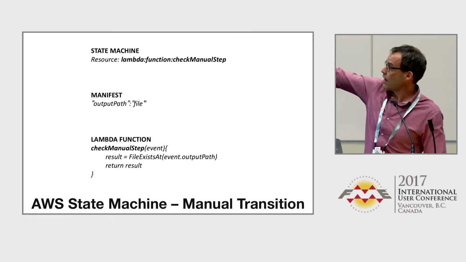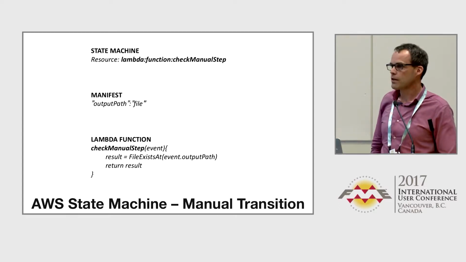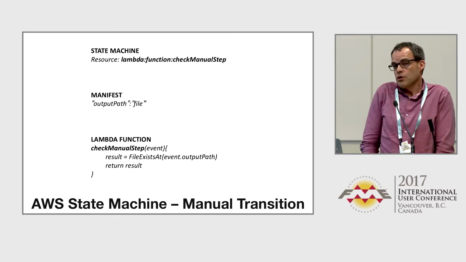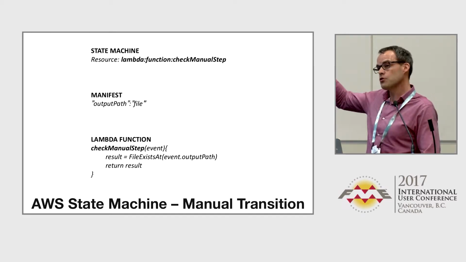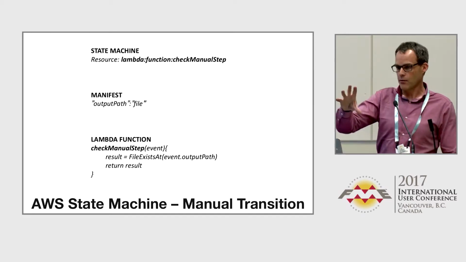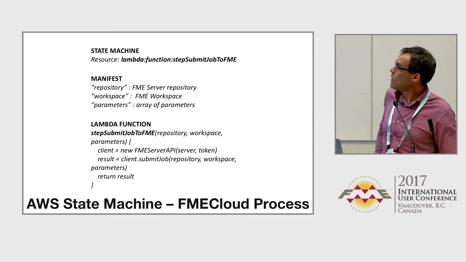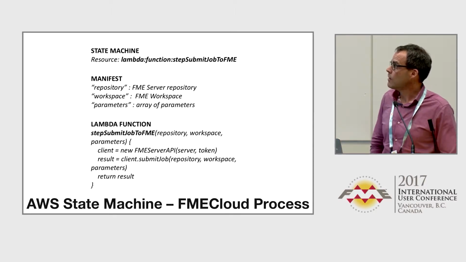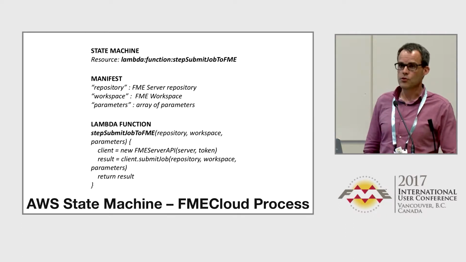So the output path file in the middle, does that occur on S3? If it does, then that step is done. So each one of these steps could be a manual thing, just waiting for the user to manually do something to make a file appear somewhere. Or alternatively, which I'll demo, is a step function to actually submit a job to FME Cloud.